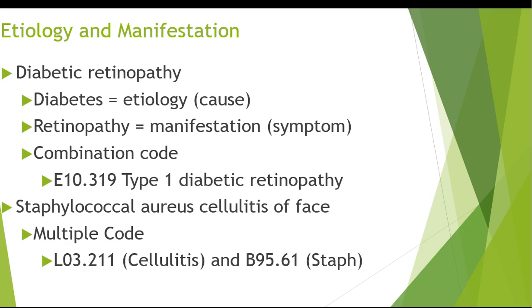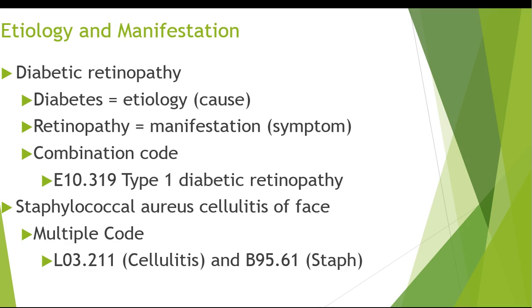Or it could take multiple codes, such as if the patient has staphylococcal aureus cellulitis of the face, there's not a combination code for that. So we're going to code the cellulitis L03.211 and then also code the staphylococcal aureus at B95.61.